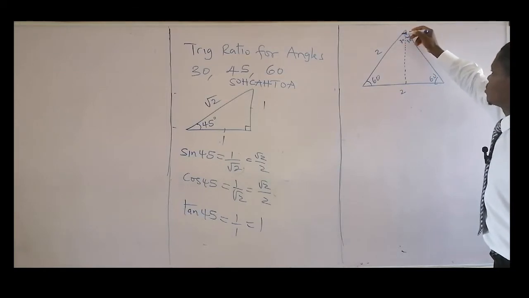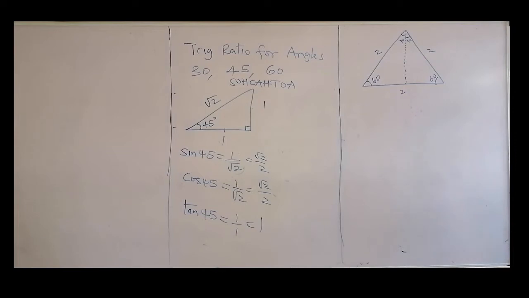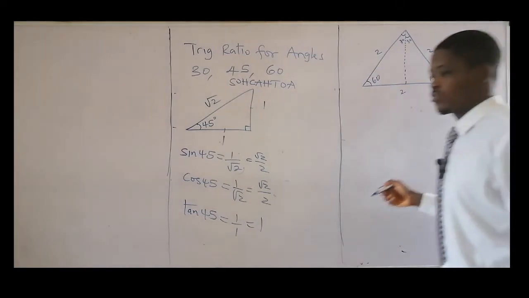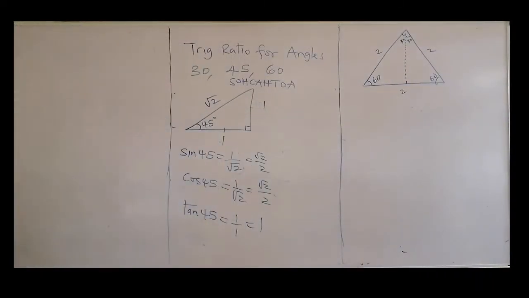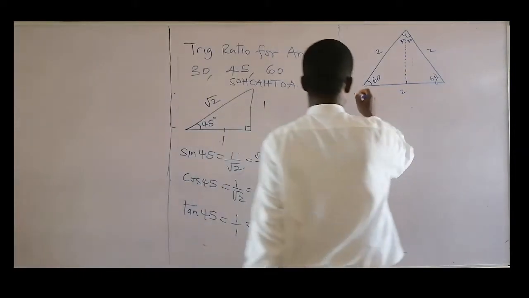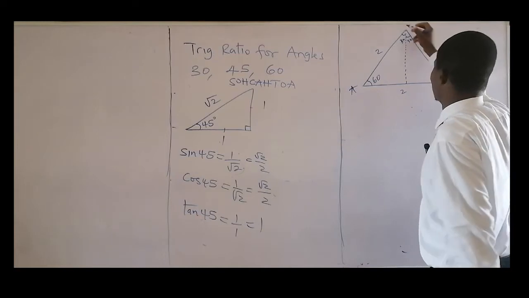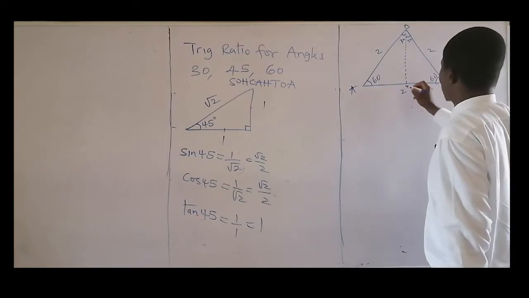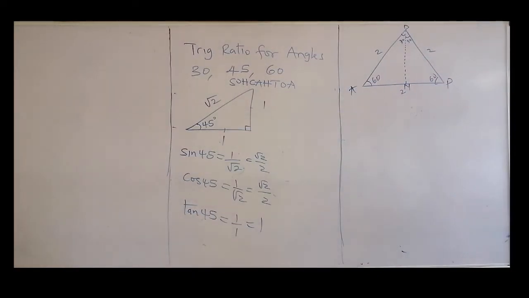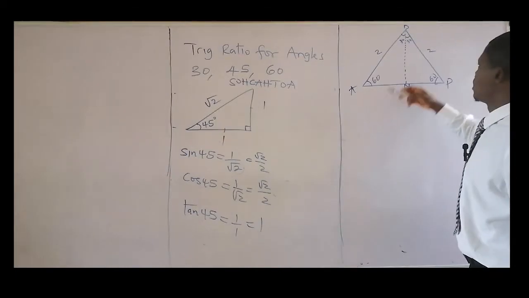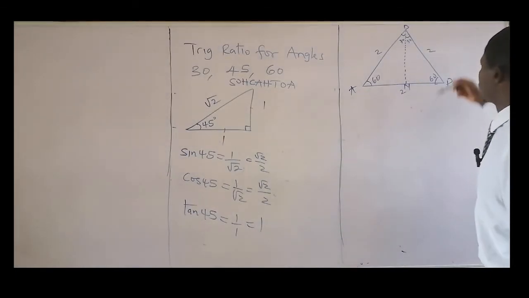Okay, so let's try to label the diagram. You can label it as you like. Let's say A, D, and call this N. So you have two triangles there, you have triangle DAN, and there's also another one.